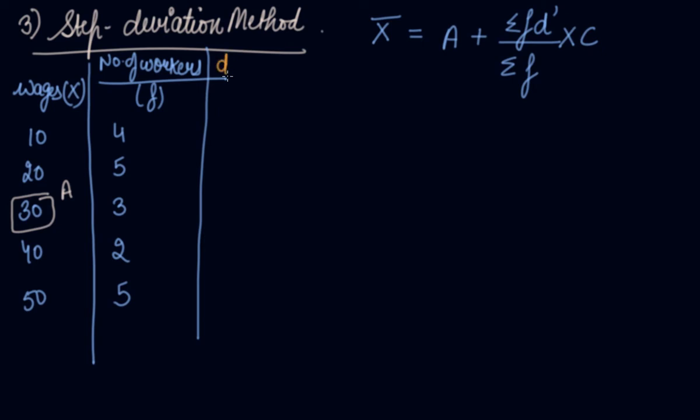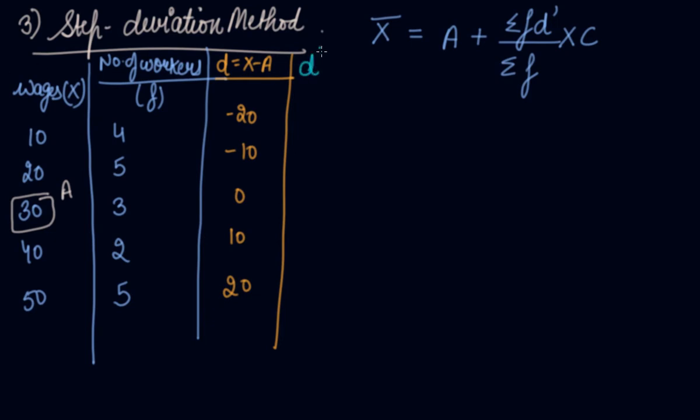So we'll find the deviation, that is x minus A. We will have minus 20, minus 10, 0, 10 and 20. This is the first deviation we have taken. Now we will take the second deviation, that is d dash.